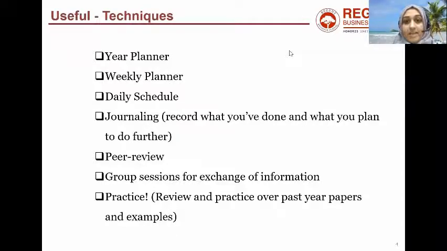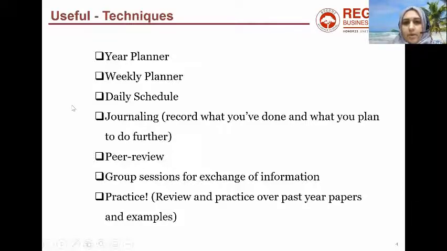I just put down a few of the very useful techniques I've used in my personal learning journey, and some will work for you, others won't, but choose what fits you best and go with it. It's very important before the year has begun to start with a year planner, to put down in quarter 1, 2, 3, and 4 what you need to achieve. Even if you don't do it day by day, if you do it in each quarter, it's sufficient.